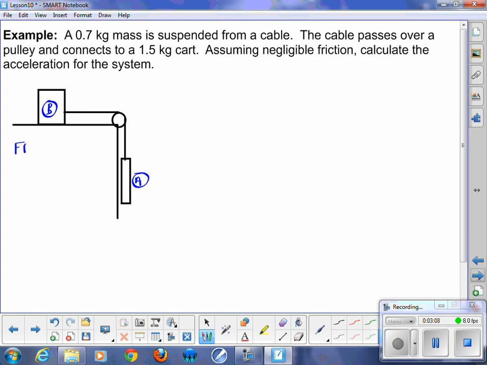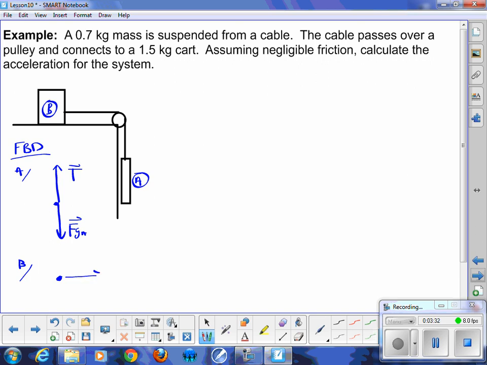So our FBDs are free body diagrams. I'm going to have object A, and I'm going to have object B. For object A, there are only 2 things really acting on it: the force due to tension and the force due to gravity, FGA for my subscript. For object B, we have a tension force moving to the right.